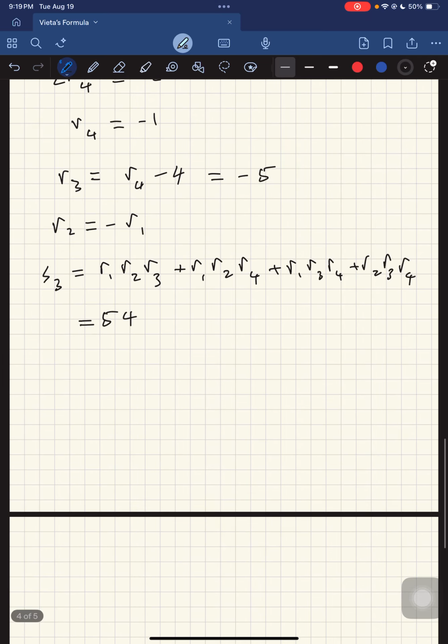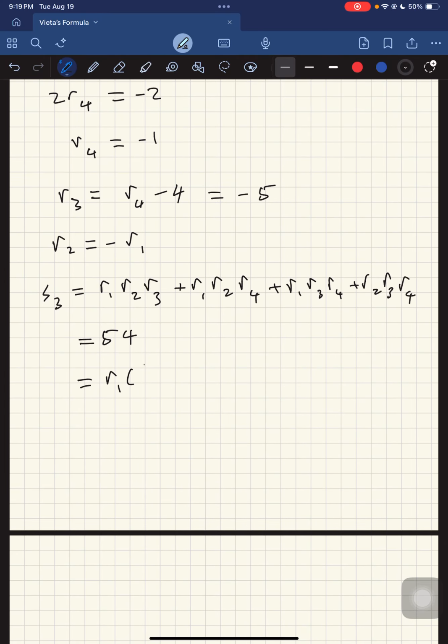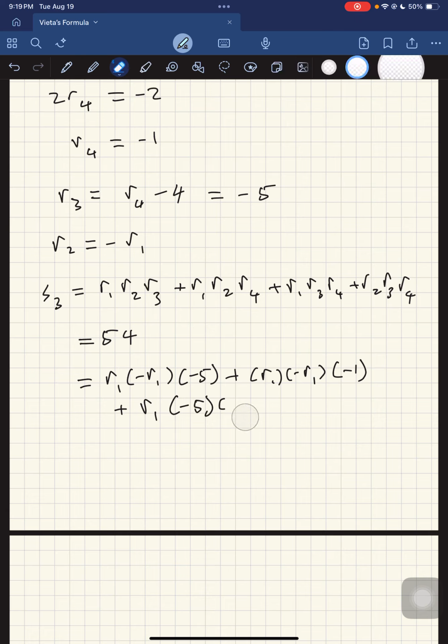So this is going to be equal to R1 times negative R1 times R3, which is negative 5, plus R1 times negative R1 times negative 1, plus R1 times negative 5 times negative 1, plus negative R1 times negative 5 times negative 1.